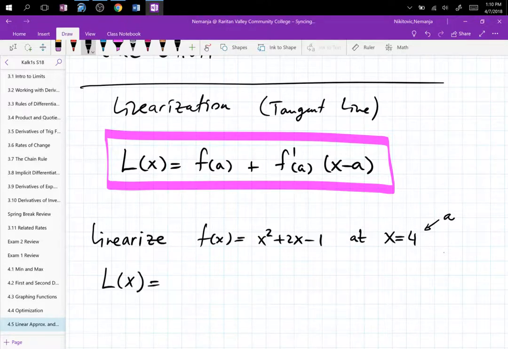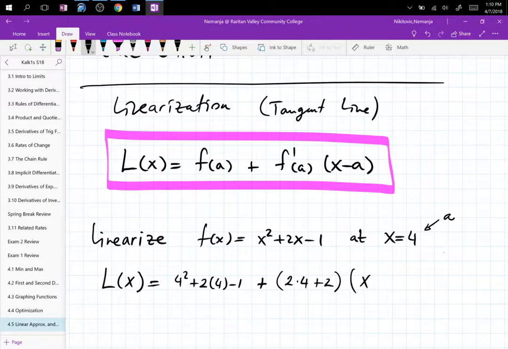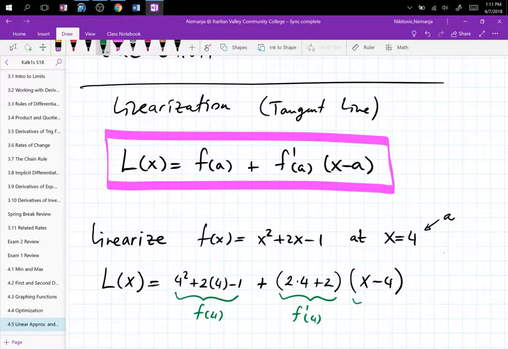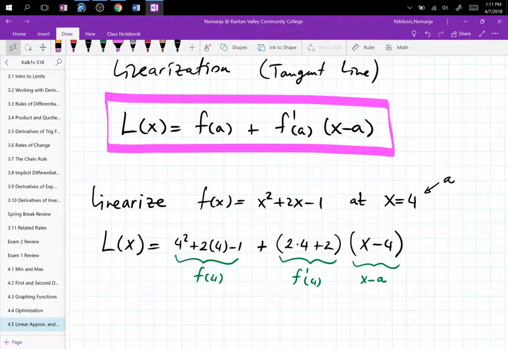L of x is f computed at a, which is 4 squared plus 2 times 4 minus 1, plus the derivative computed at a, well, that's 2 times 4 plus 2, times x minus 4. This over here is your f of a, so f of 4. This is your f prime of 4, that's the slope. And this is your x minus a. So you compute the entire tangent line in one line.